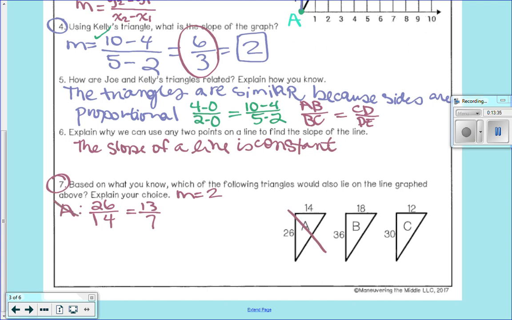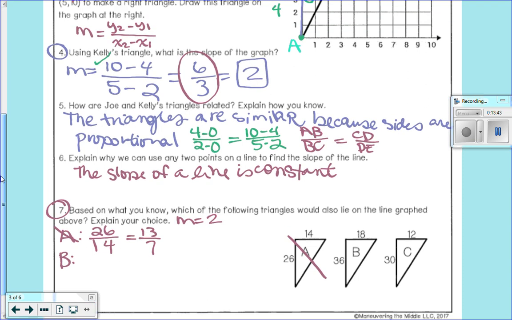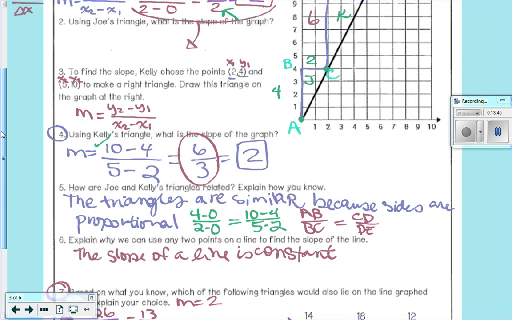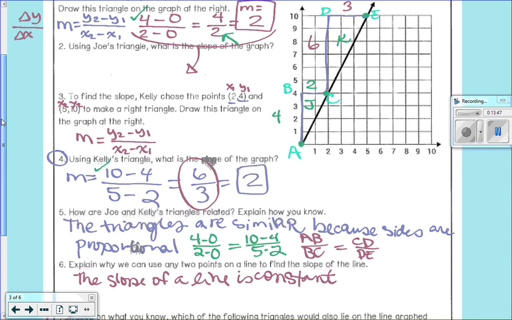Do you want to help with B? Yeah. Okay, go for it. So what I did is, if you look at the graph and you count the distance, look at the bottom one. Right here, Joe. You see it has a 2 and 4.